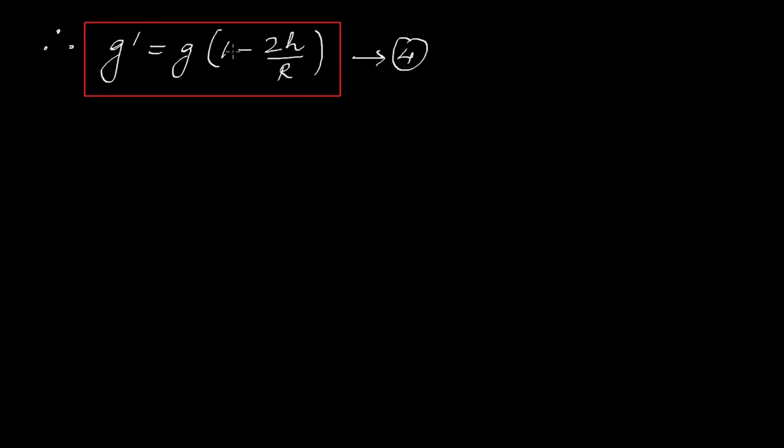Here the sign in front of g is positive, which means this term is positive, and this term 2h by r is very, very small compared to 1. So as h increases, what happens to this term inside the bracket?